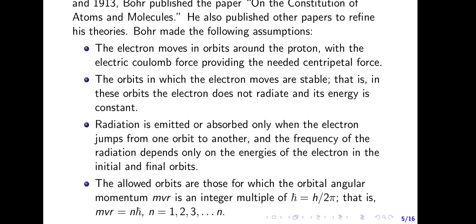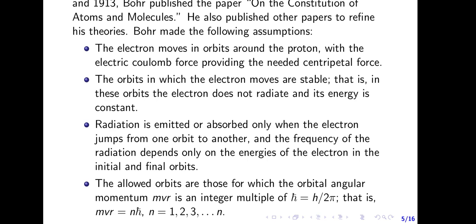There were lapses. For example, the electrons are moving around the nucleus, and the electrons are negatively charged, so they are charged particles. And according to electromagnetism, if a charged particle is moving in a circle, it will radiate energy.